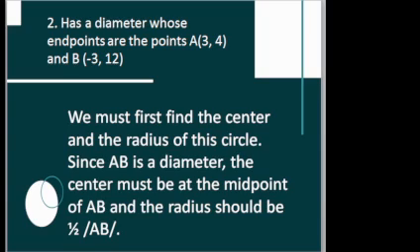The next condition has a diameter whose endpoints are the points A(3, 4) and B(-3, 12). So here, the given is only the diameter. As we recall, the diameter is the distance across a circle through the center, and half of the diameter is called the radius.